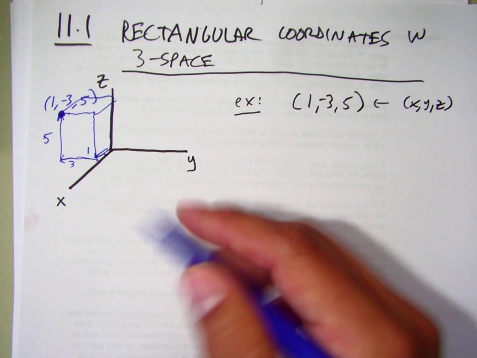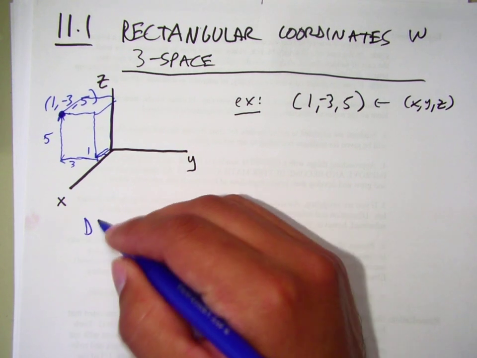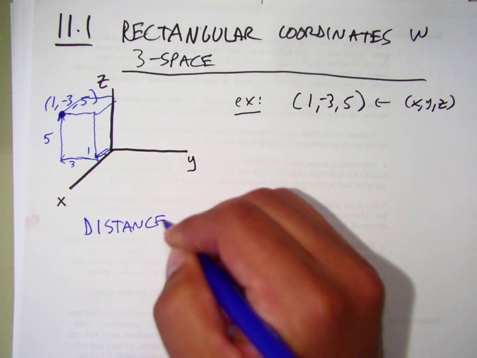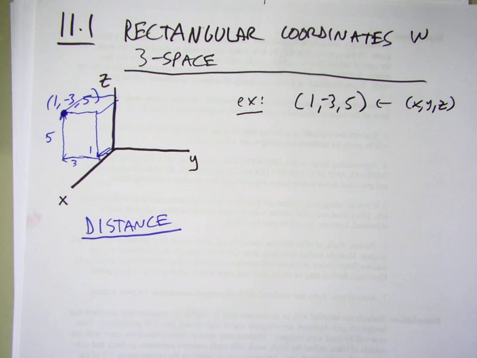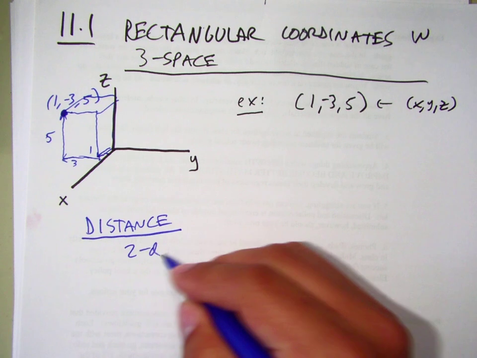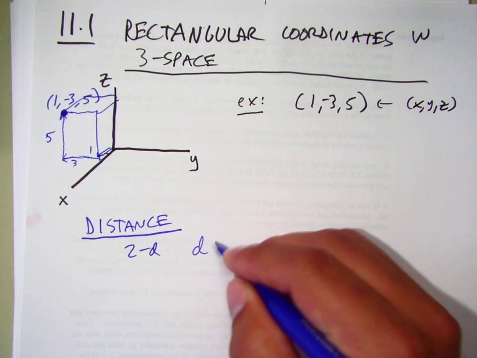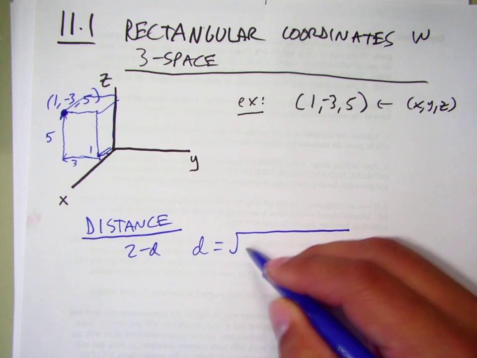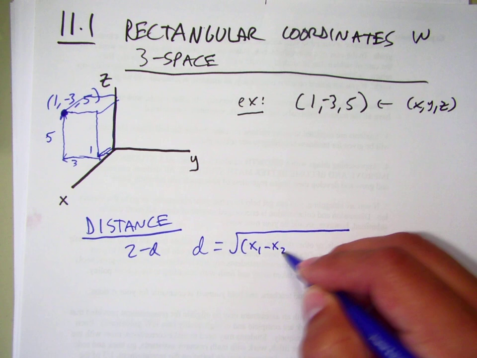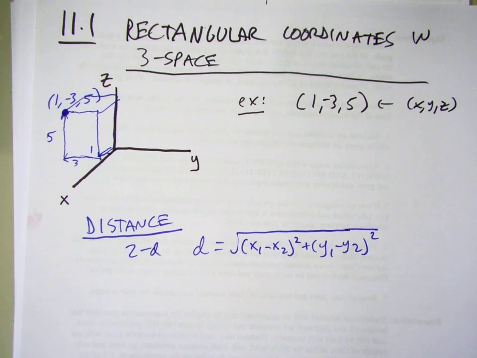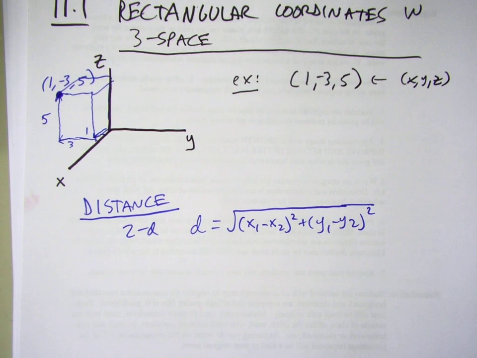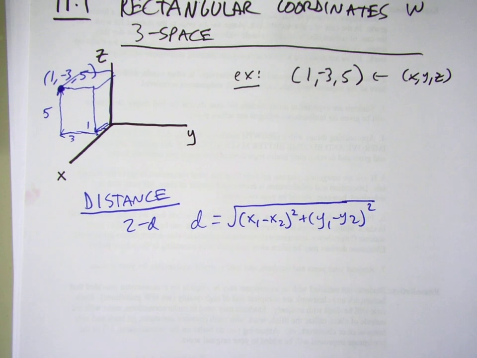Okay, let's talk quickly about the distance formula. In 2 dimensions, you already know it. Hopefully everyone remembers it. Okay, and it's actually pretty nice. In 3 dimensions, it's what you would expect it to be.